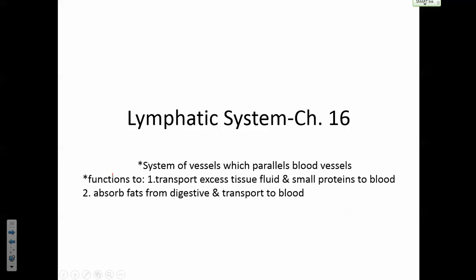Most everything is absorbed directly into the blood except for fats. They're absorbed into lymph vessels. But lymph vessels ultimately carry lymph to the bloodstream, so it all makes its way to the blood. So we'll see that today.